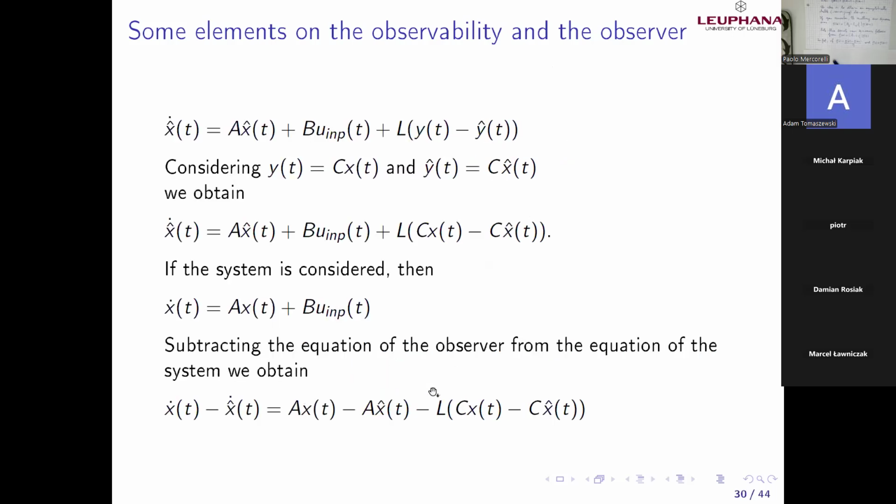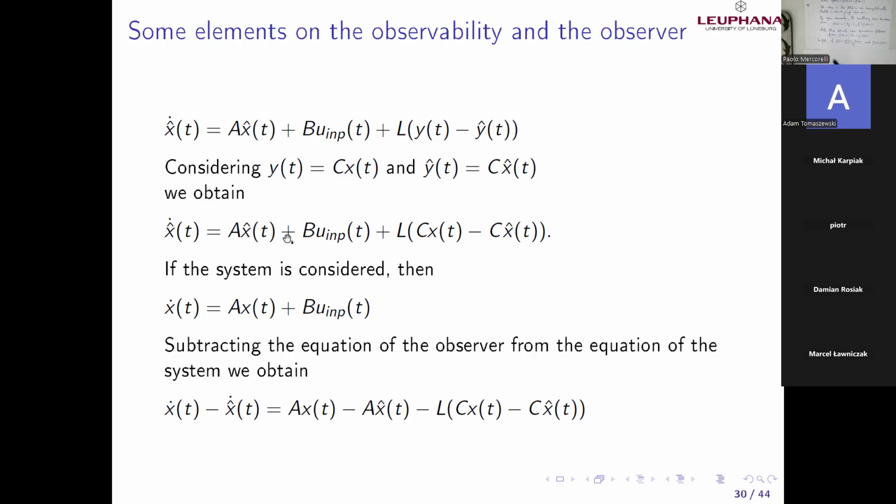Look, if I do these easy calculations, subtracting the equation of the observer from the equation of the system, we obtain this. Here we have the observer, here we have the system.